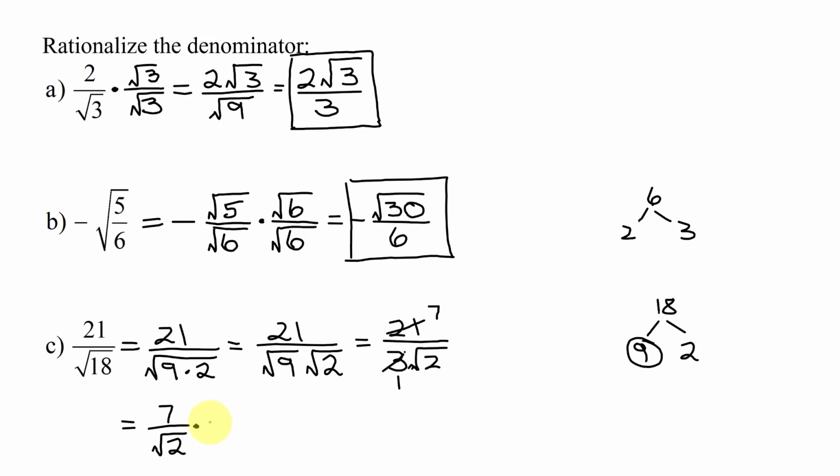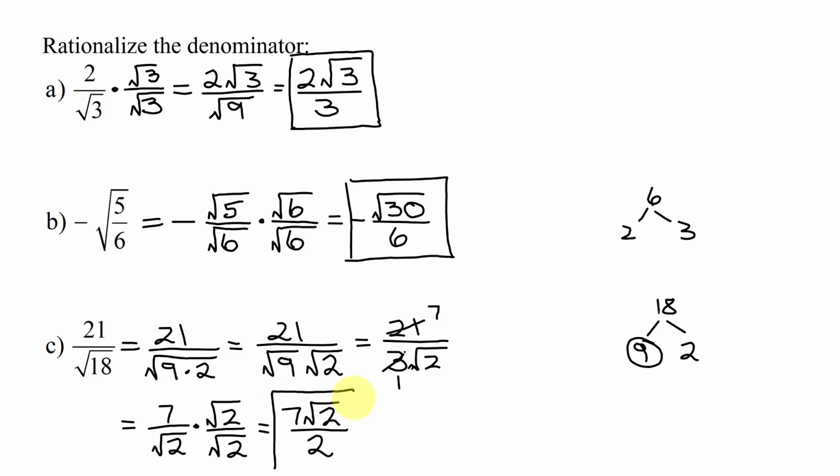I can rationalize the denominator by multiplying numerator and denominator by the square root of 2. So I get 7 times the square root of 2 divided by the square root of 2 times the square root of 2 is the square root of 4, which is 2.